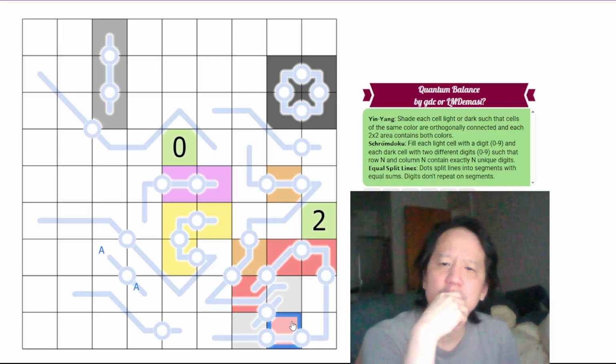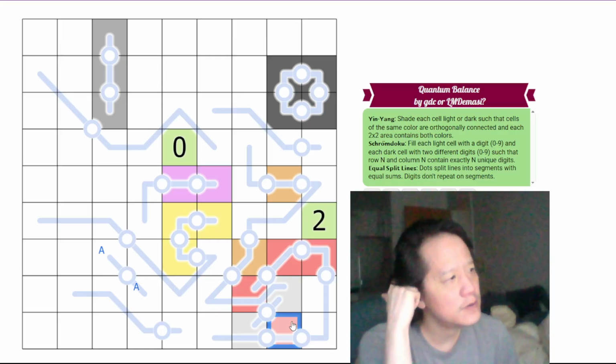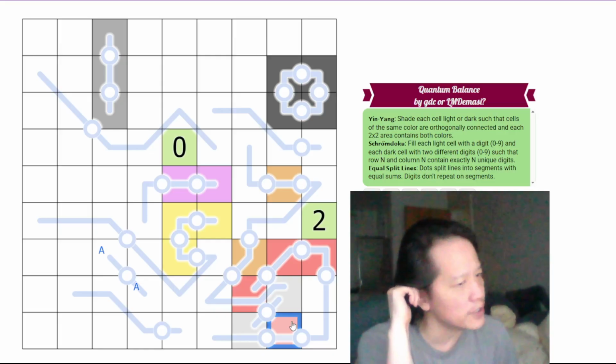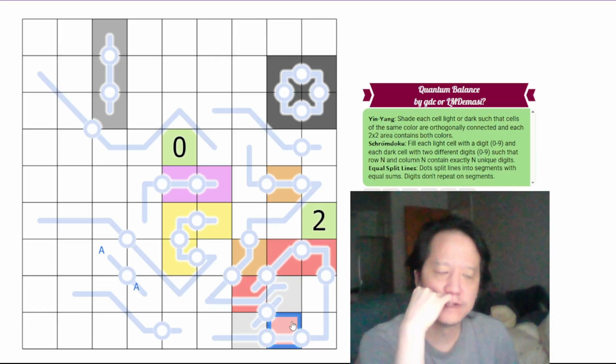Wait a second. Hold up, hold up. No, no, no. Okay, I've been reading it all wrong. You can only use 9 unique digits in column 9 and row 9.